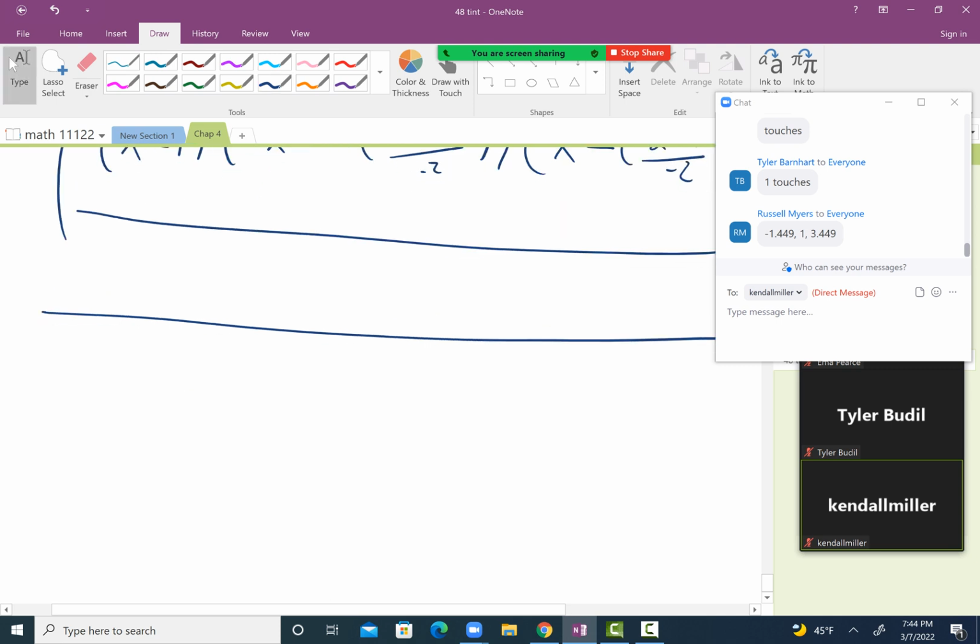Now we're going to try another one. All right. So we're going to go negative x cubed plus an x squared minus a 2x plus a 2, equals 0.